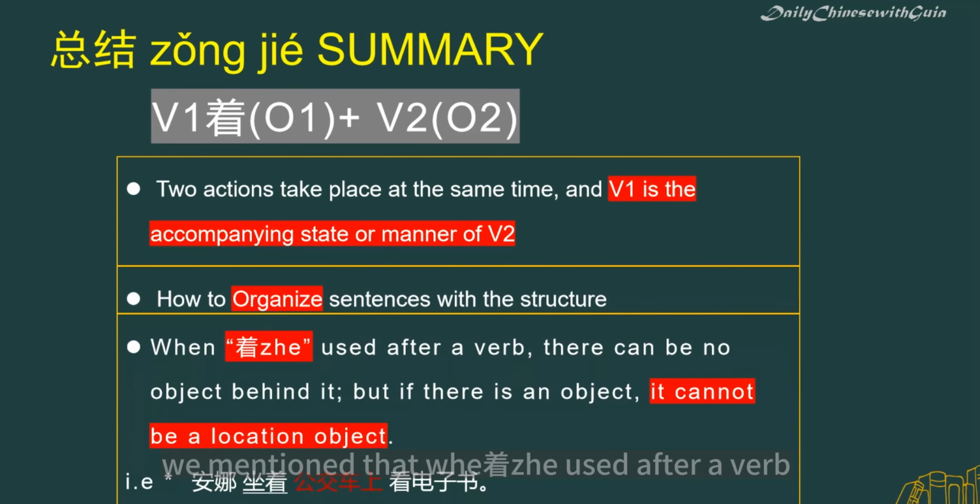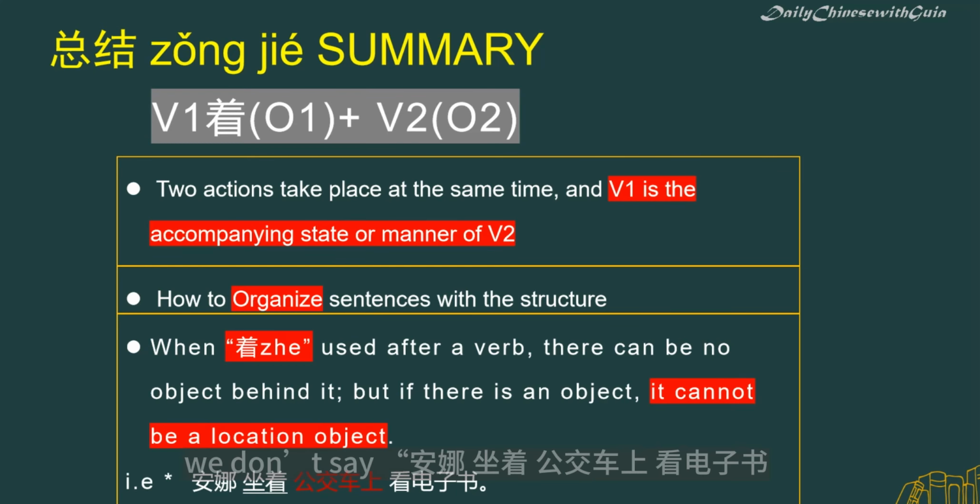Finally, we mentioned that when 着 is used after a verb, there can be no object behind it, but if there is an object, it cannot be a location object. For example, we don't say 安娜坐着公交车上看电子书, okay?